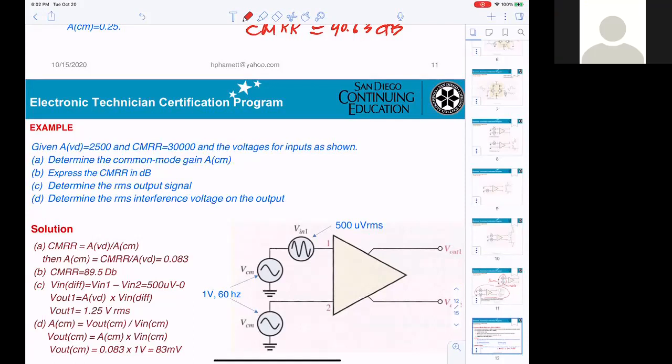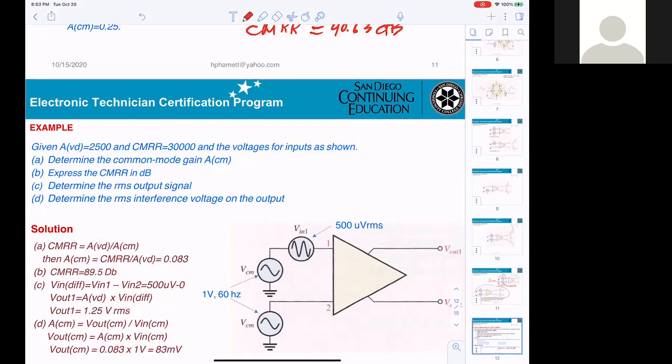I don't get how that comes to 0.083. You divide a bigger number by a smaller number, it should be a bigger number. It should be more than 1. What do you mean more than 1? 30,000 divided by 2,500, I think it's equal to 12, I believe. I think it's wrong there. Let's see. AVD divided by CMRR. Yeah, I think the formula is upside down.